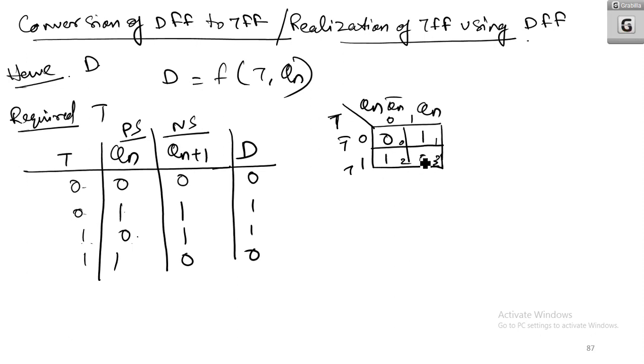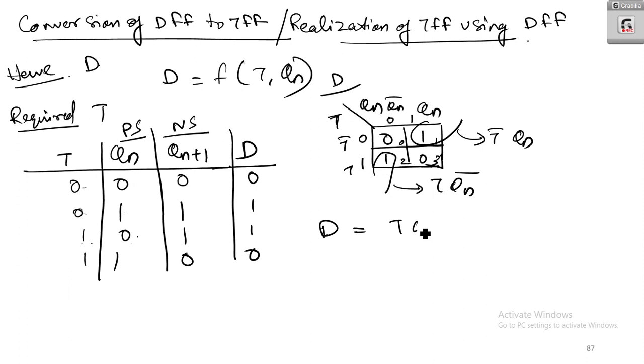Therefore, what is the expression? This term is T bar Qn, and this term is T Qn bar. So what is D basically? D is equal to T Qn bar or T bar Qn. Or you can write D is equal to T XOR Qn.